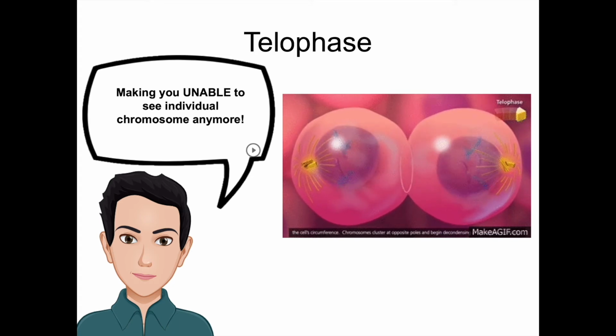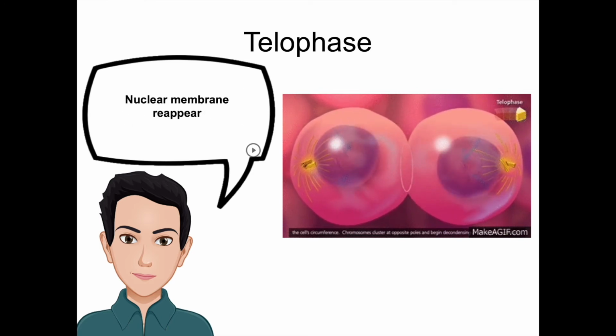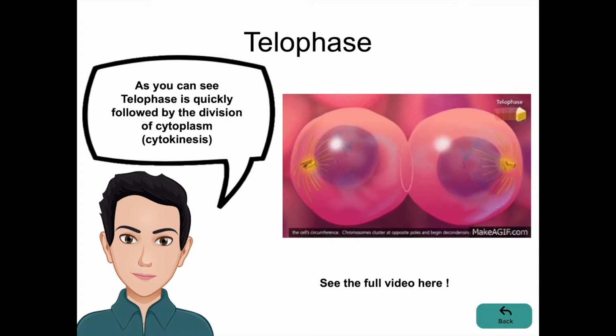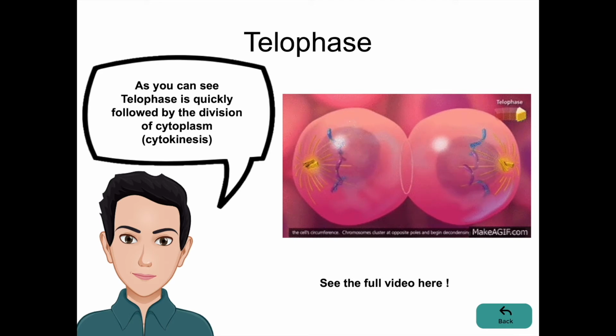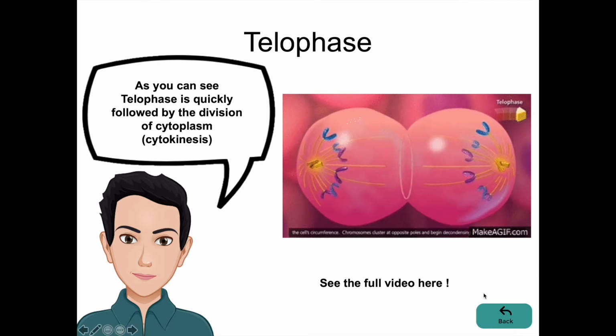In addition to that, as the chromatids decondense into chromatin, the nucleolus will reappear, and the nuclear membrane will also reappear. As you can see in the diagram, telophase is quickly followed by the division of the cytoplasm, also known as cytokinesis. We will learn about cytokinesis next, but before that, let's watch a video summarizing mitosis.